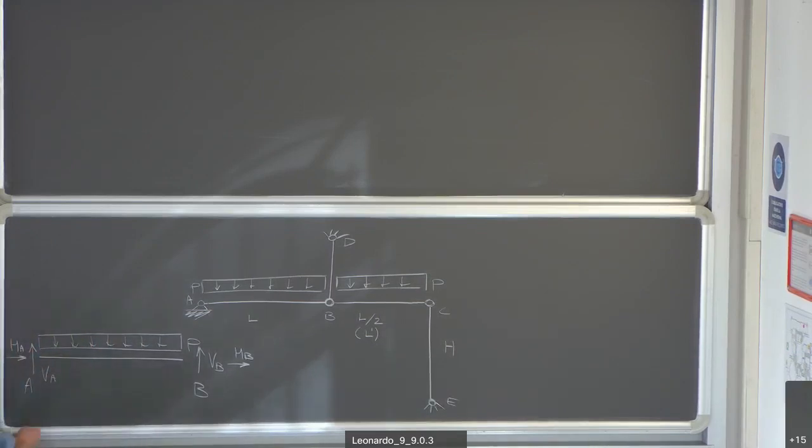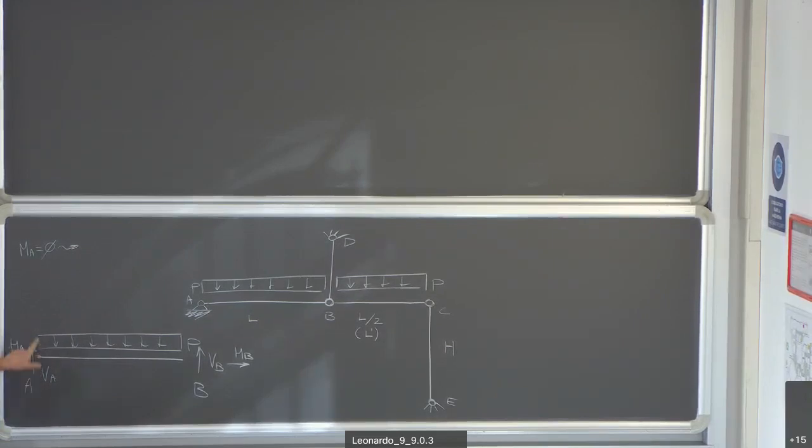So I will start by writing rotation equilibrium about point A, which is MA equal to 0. Now, everything that passes through this point does not give any contribution, because a moment is always the product between a force and the lever arm.